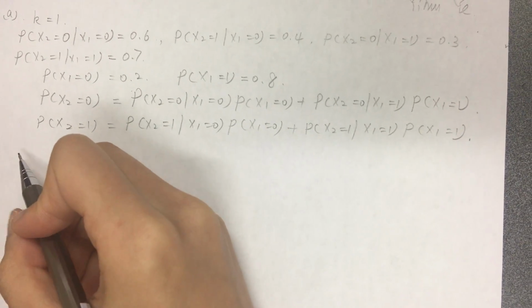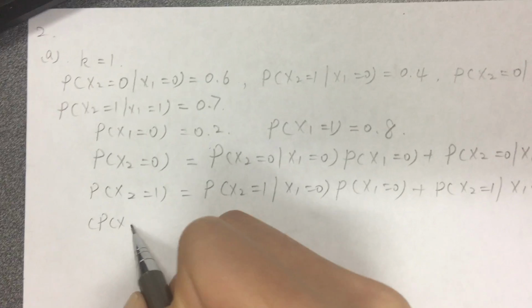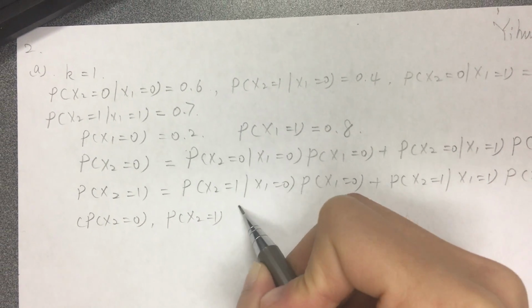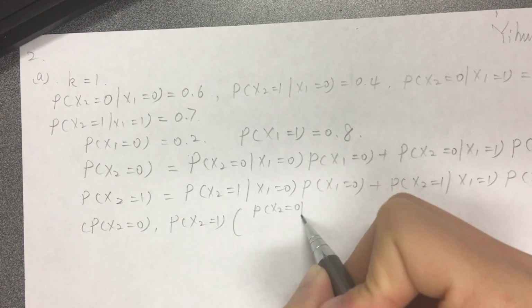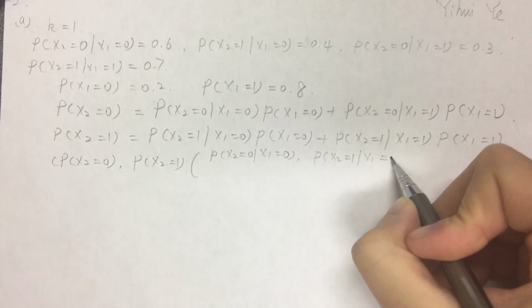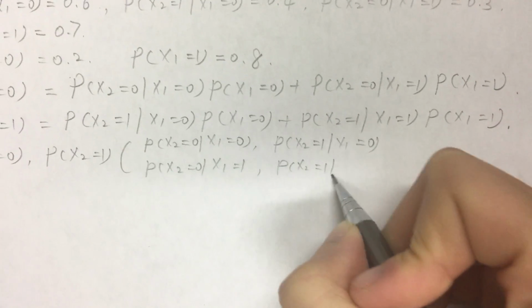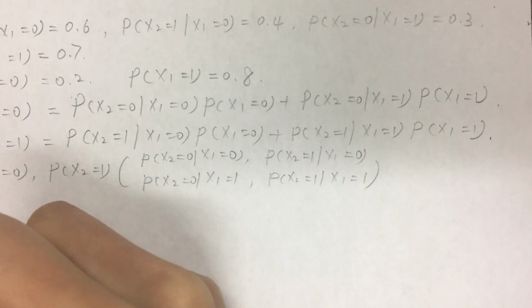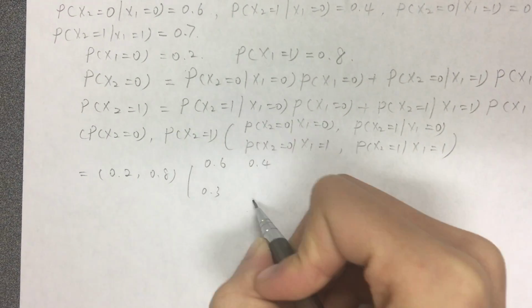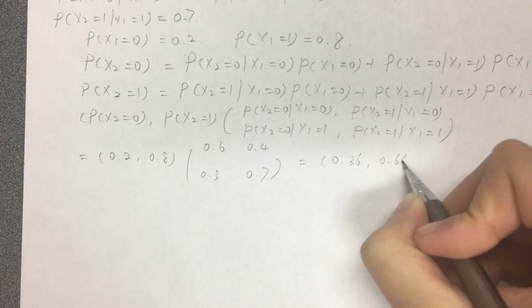By using matrices, we can calculate the result easily: [P(x2 equals 0), P(x2 equals 1)] equals [0.2, 0.8] times the matrix [0.6, 0.4; 0.3, 0.7], which equals [0.36, 0.64].